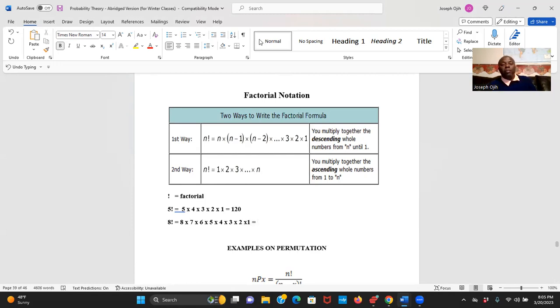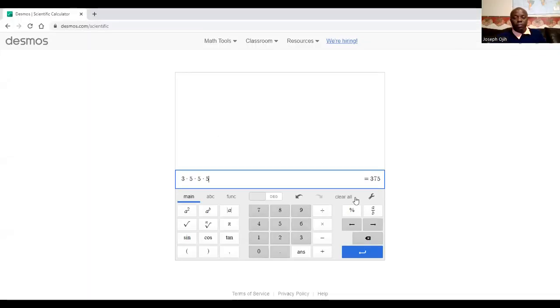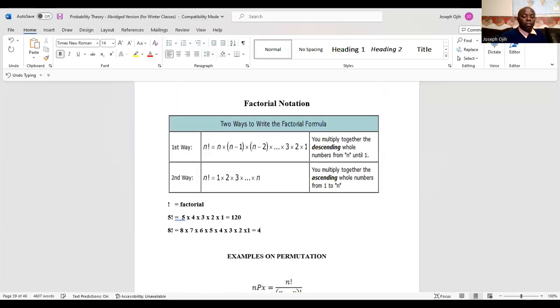Now, this one we have to do from the calculator. So we have 8 times 7 times 6 times 5 times 4 times 3 times 2 times 1, which is 40,320.